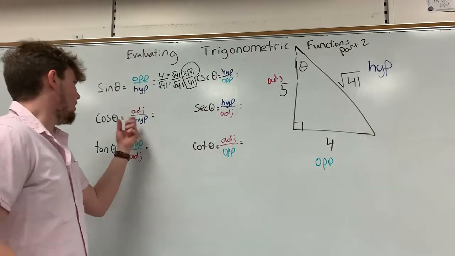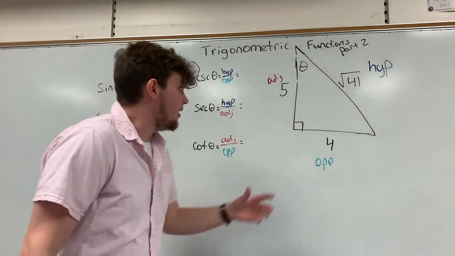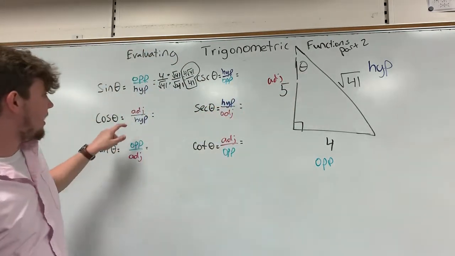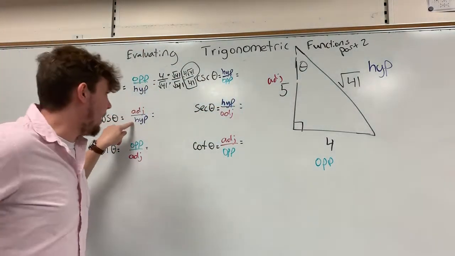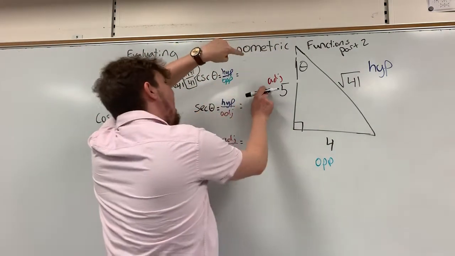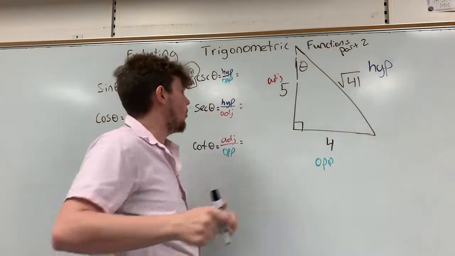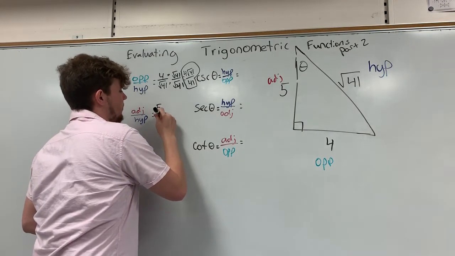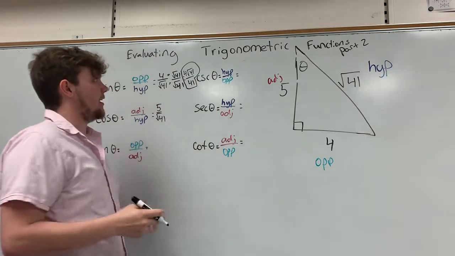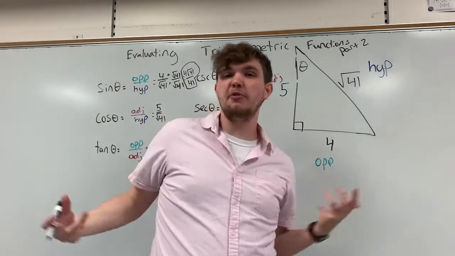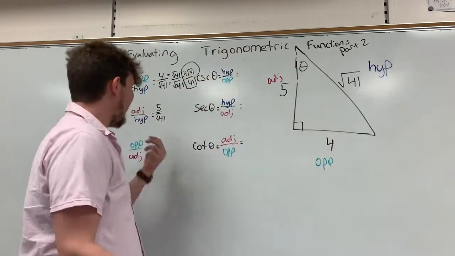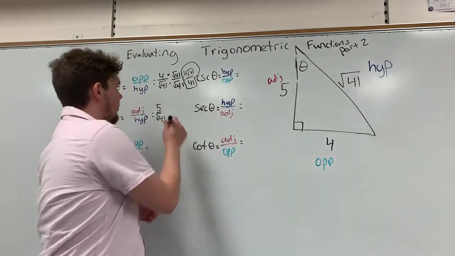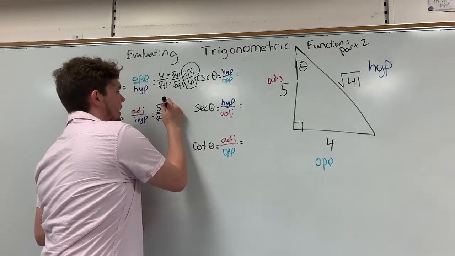All right, let's do cosine. Cosine of theta, right? So cosine is here, theta is here. Cosine is adjacent divided by hypotenuse. So 5 divided by the square root of 41. And then it looks like we're having the same type of problem here. I got to get rid of that square root of 41 down there. So we're going to have to multiply the numerator and the denominator by something.